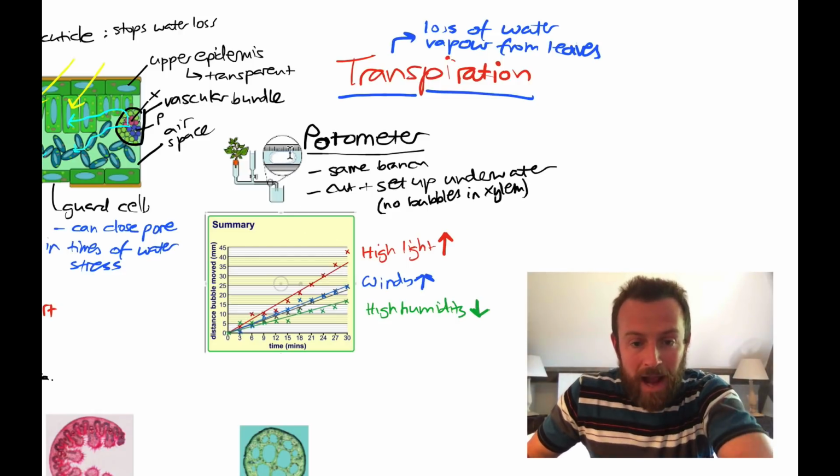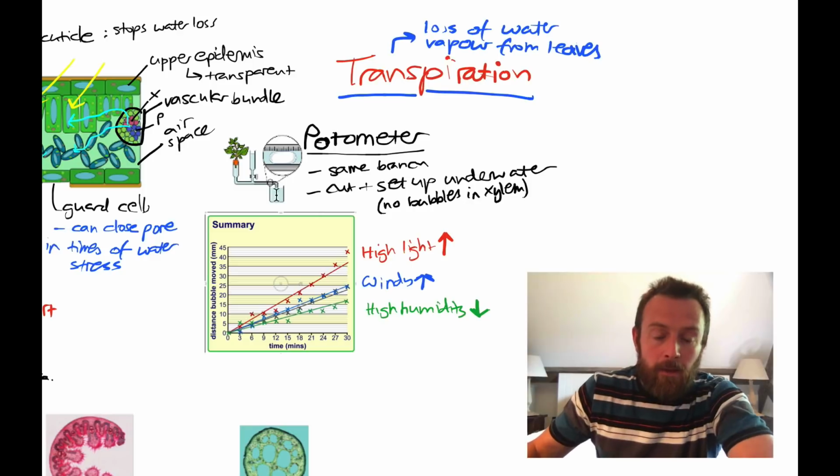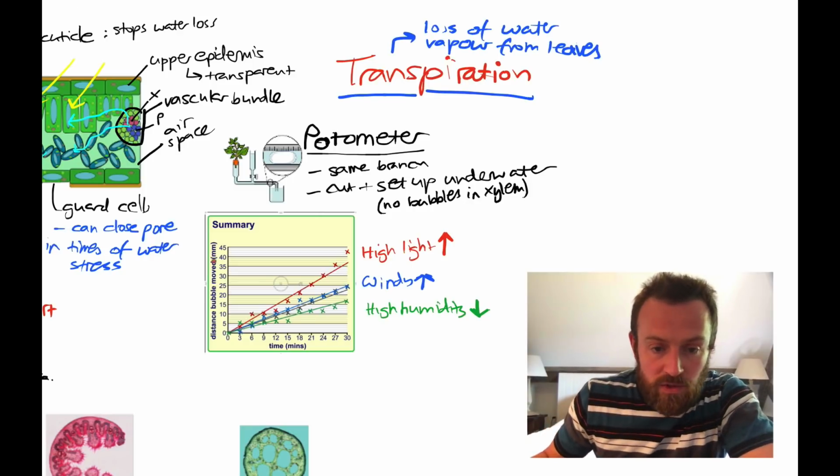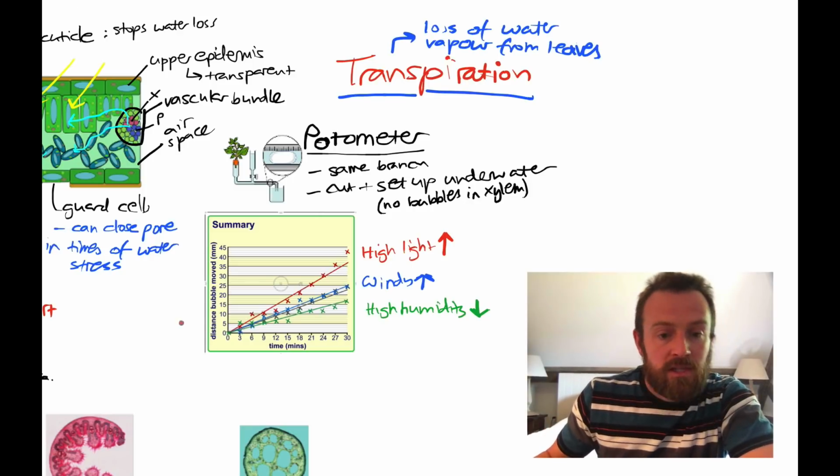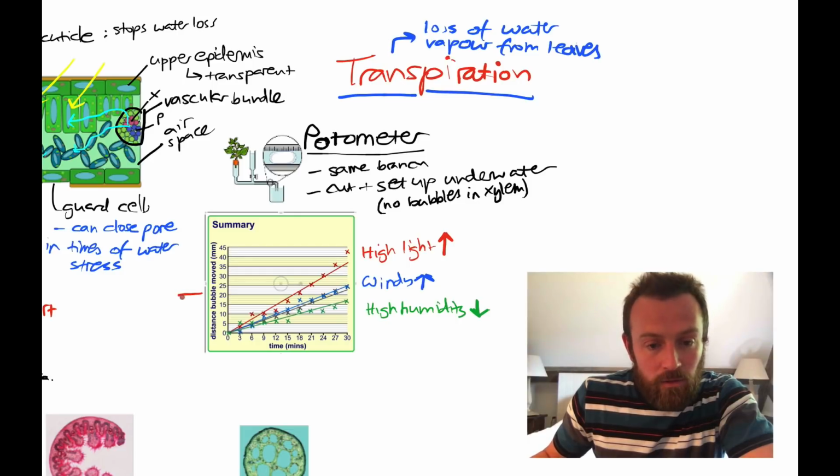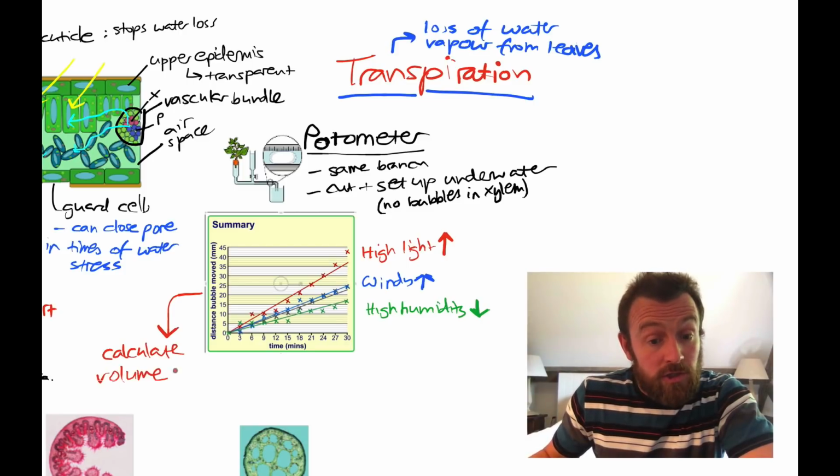But you do track the movement of this bubble here. By the way, if you know the distance the bubble has moved, you can calculate the volume of water that has been lost.